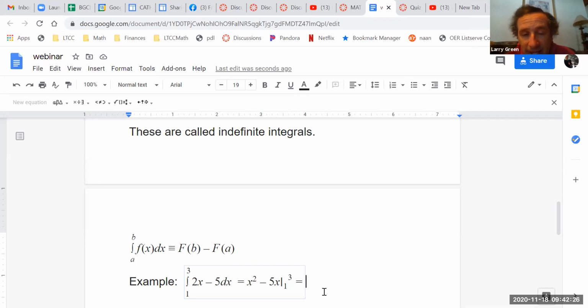So now if we plug in 3, I'm going to do it in my head. Hopefully that's okay. 3 squared is 9, minus 5 times 3 is 15. 9 minus 15 is -6. Are you okay with that? A little bit of in my head arithmetic, but it's just arithmetic. Then I plug in 1. 1 squared is 1, minus 5 times 1 is -4.